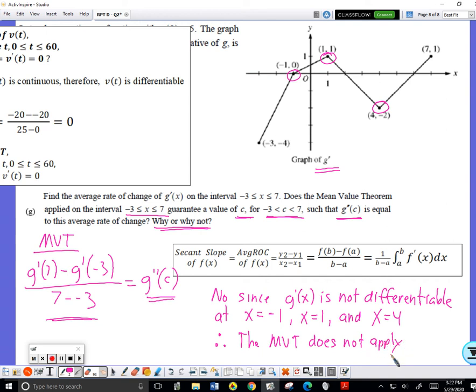And now I'm just going to copy their words. So, for negative 3 to 7, there is no c for which g double prime of c equals, I have to go back and look here.